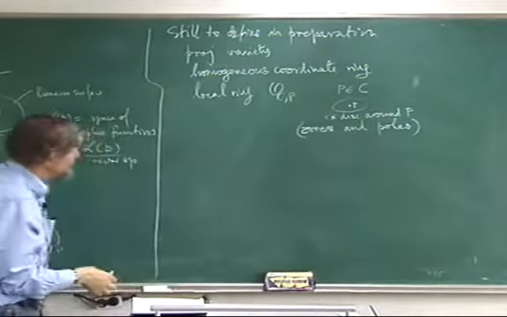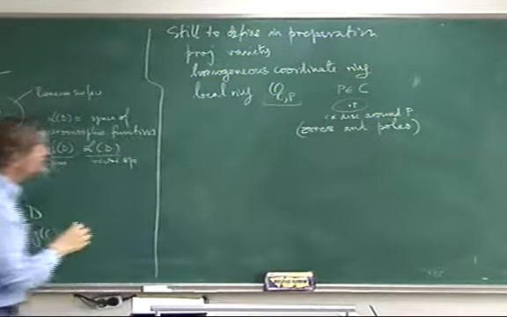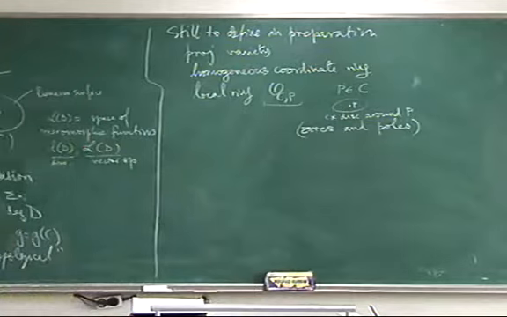Right, so I need this local ring and its properties. And then there are several other things associated with this, such as the degree.